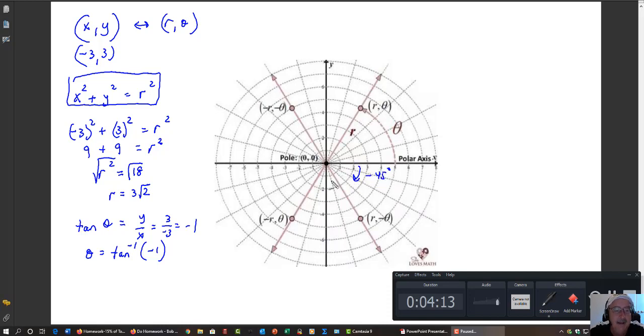But again, and this is some of your weaknesses here, you have to know which quadrant you are in. So when your calculator gives you this -45 degrees, you need this angle up here in the second quadrant. So you're going to have to add 180 degrees to that, which will get you 135 degrees, or 3pi/4 radians.